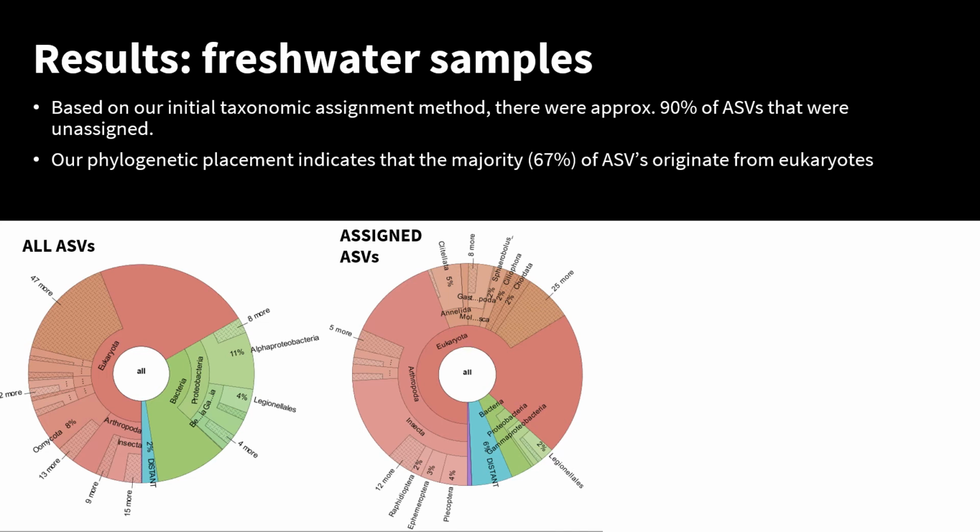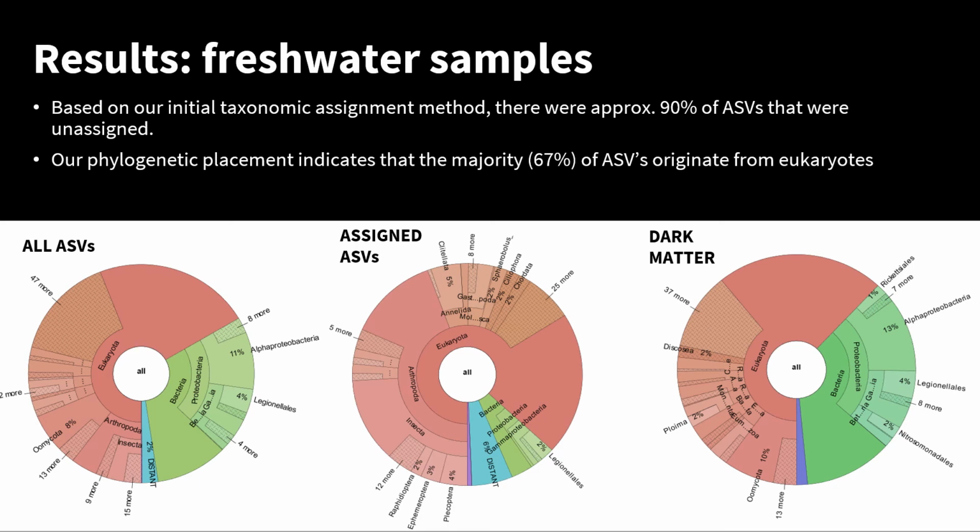One reason might be that our assignment parameters were not sufficiently stringent, and so we're seeing evidence of possible misassignment. However, I would also point out that we did not intend this tool to be a replacement for taxonomic assignment. It's simply a way to ascertain the very broad origins of ASVs in CO1 metabarcoding.